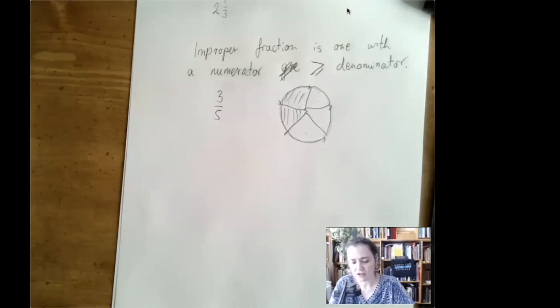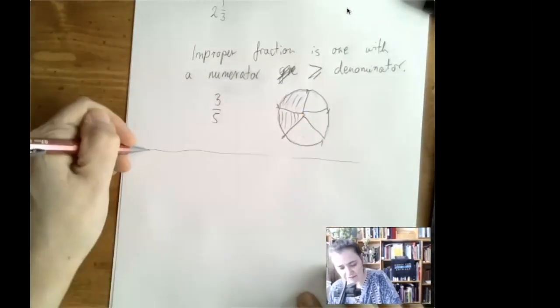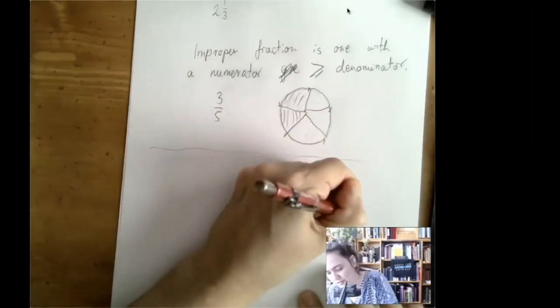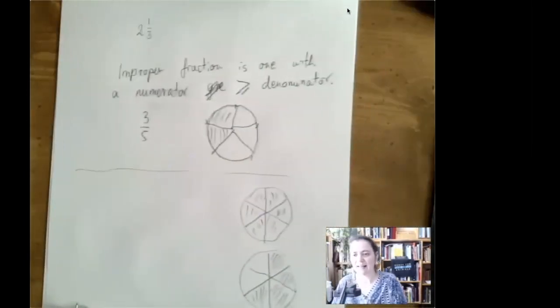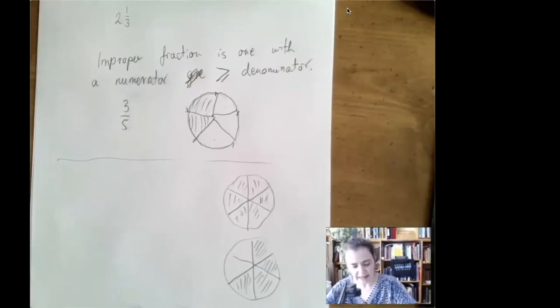So suppose that pizzas, we're going to assume that pizzas are usually cut into 6 slices. And so we can have lots of pizzas. For example, this is a new example. This would be an improper fraction. The denominator is 6 because 6 slices will make a whole. But now we have more than 6 slices.